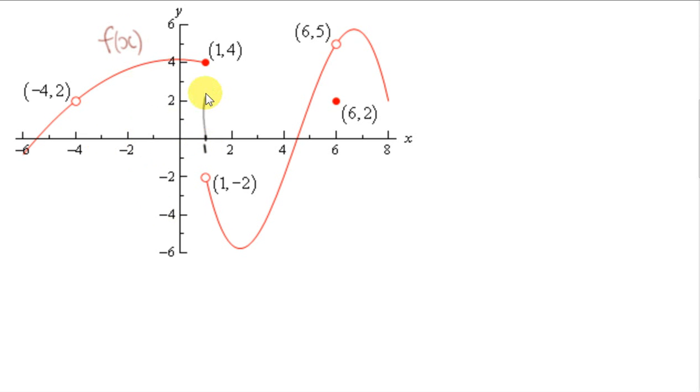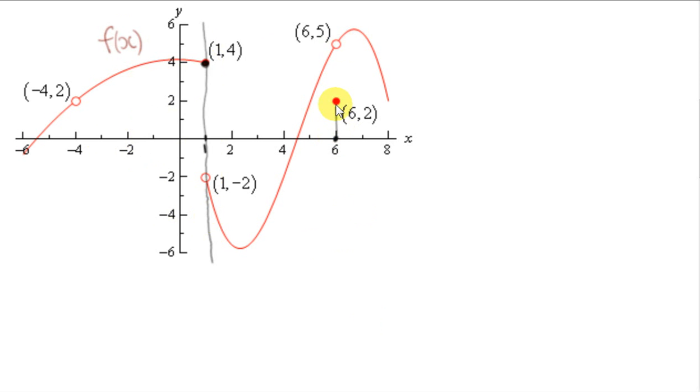Well, if we draw a vertical line through 1, it actually only cuts the graph at one point. This point has been removed from the curve, but this point is included, the solid point here. So again, we just get one value. So if we take any vertical line, you'll see that it cuts the graph at just one point.